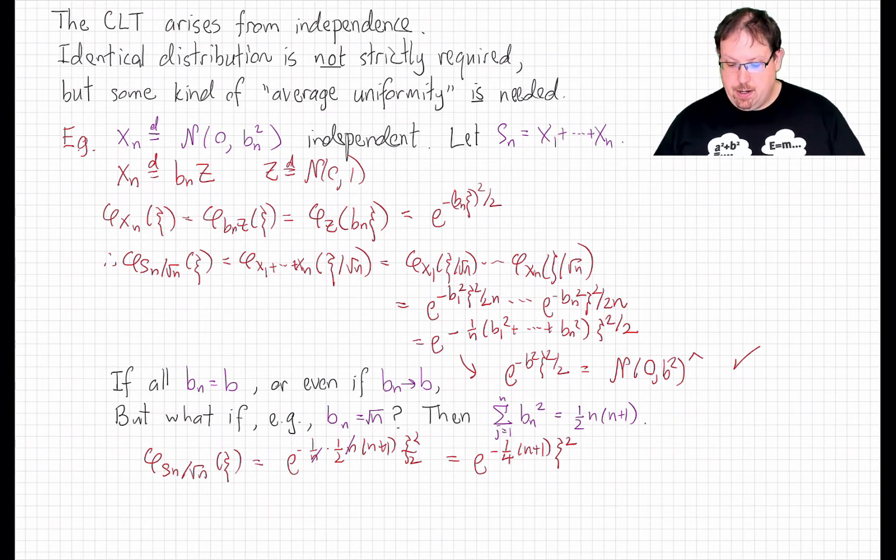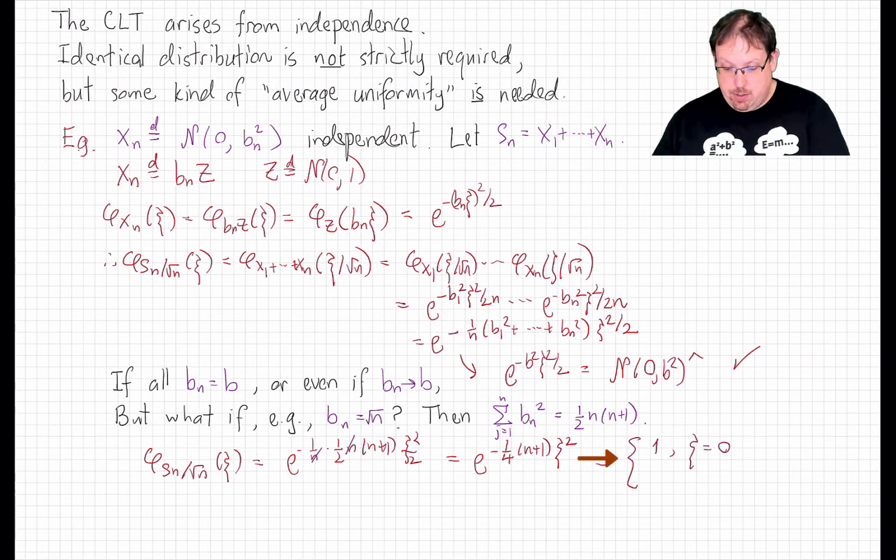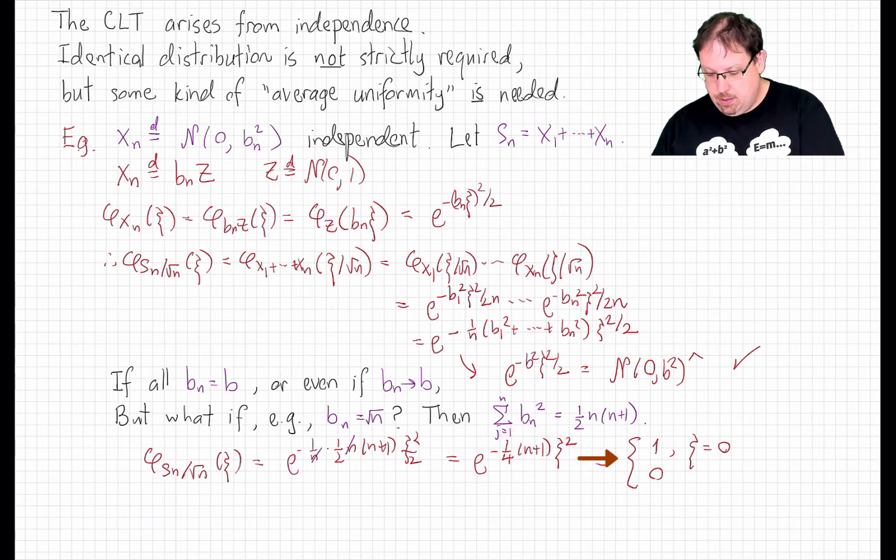Well, this is the characteristic function of some law, the convolution of all of these Gaussians, and every characteristic function is 1 at xi equals 0, which we can easily see from here as well. But if xi is not equal to 0, then as n grows, this decays exponentially fast to 0.